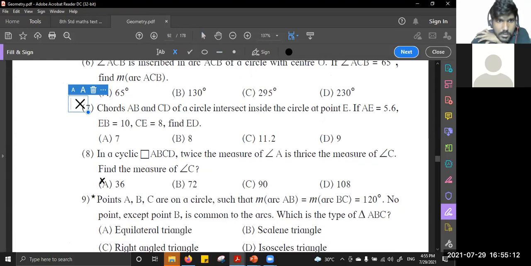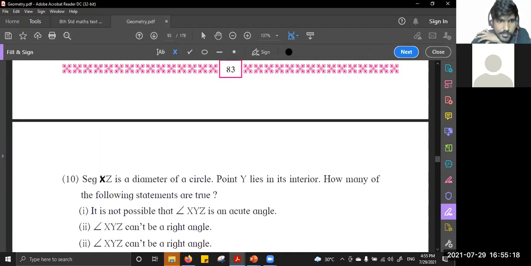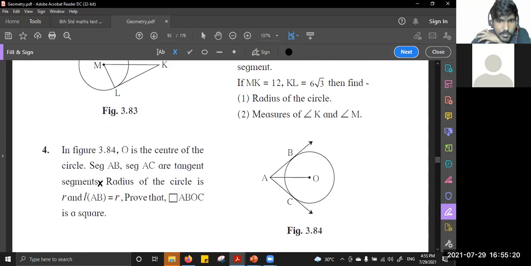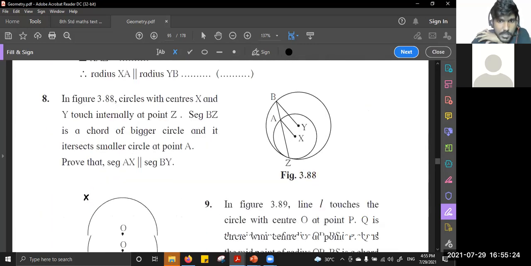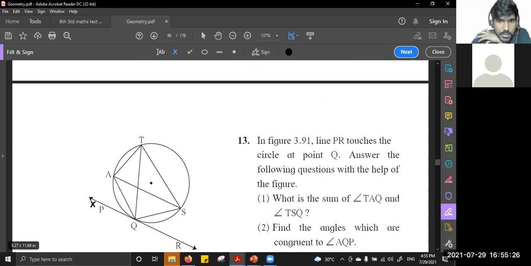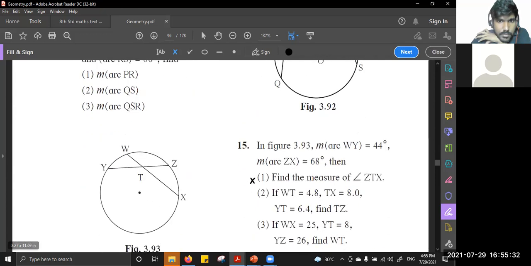Then you go on to page number, one second, I'll just tell you the page number. Page number 87. You're on 83, go to 87. 85, 86, and 87. Question 15, figure 9.3.